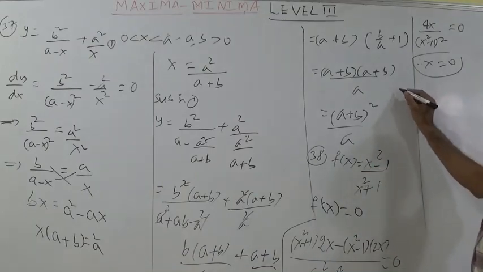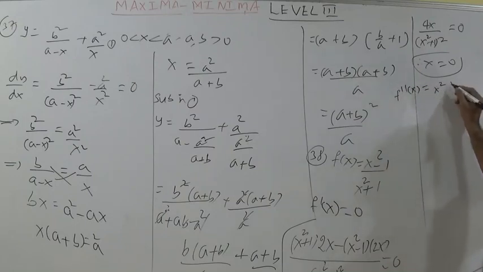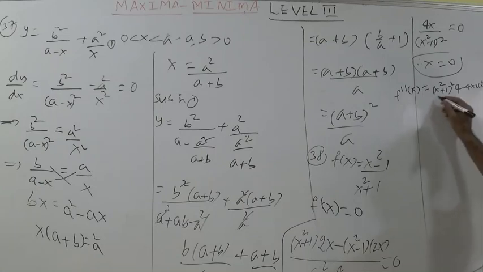To calculate f double dash x, I am writing here (x square plus 1) whole square into 4 minus 4x into, by the u by v method, (vu dash minus u dash v) by v square, 2 into (x square plus 1), 2 into (x square plus 1) into 2x.